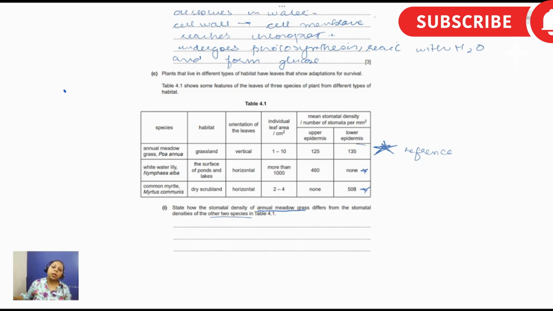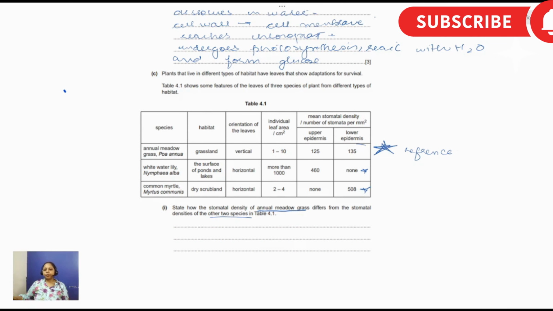Why does water lily have no stomata in the lower surface while more in the upper surface? So why do you think so? We are comparing grassland plant with the water lily, okay?